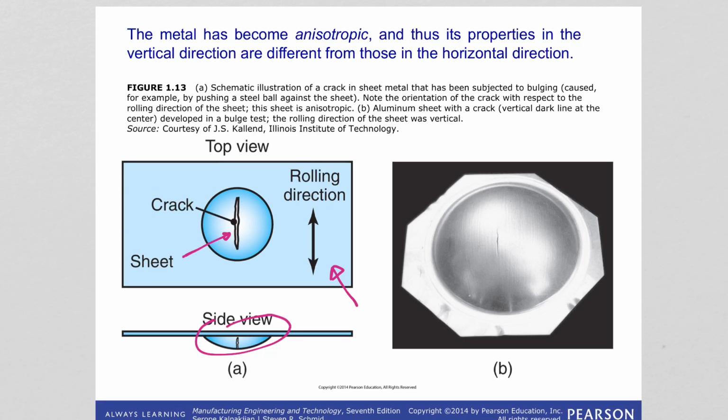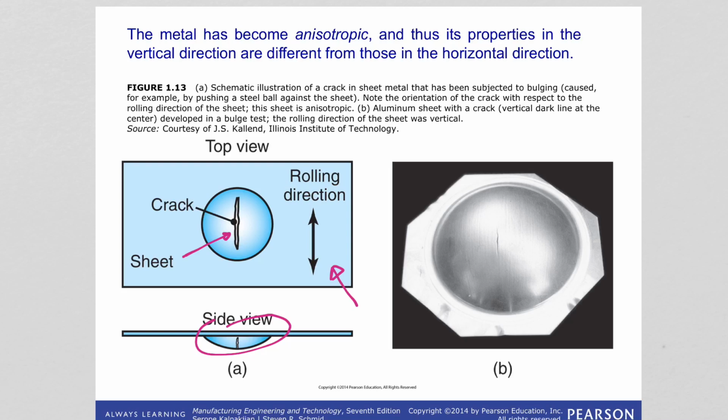So now we have learned that with plastic deformation or cold work at room temperature, we are causing distortion of the grains and grain boundaries. And this is causing an anisotropic behavior, like we have seen in this example.